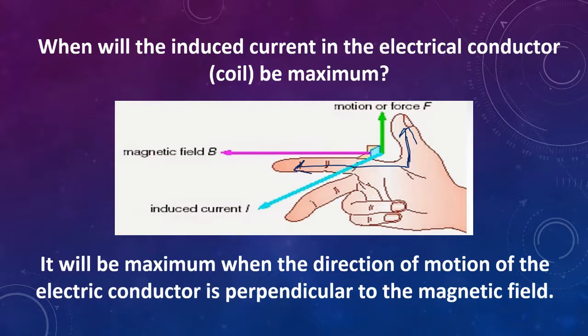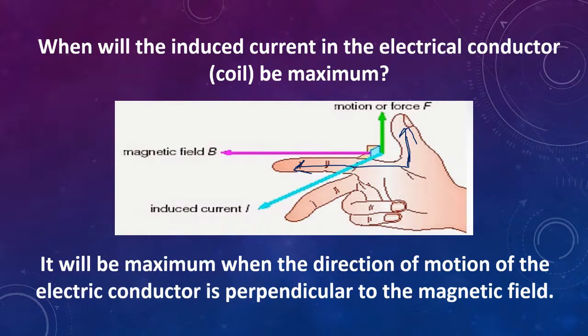So students, the induced current will be maximum when the direction of the magnetic field and the direction of the motion of the electrical conductor are perpendicular to each other.